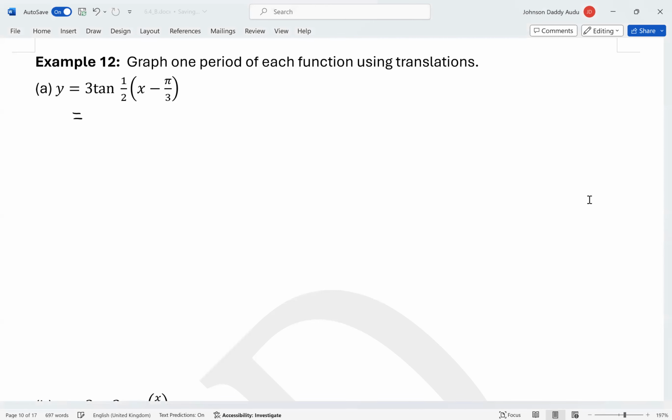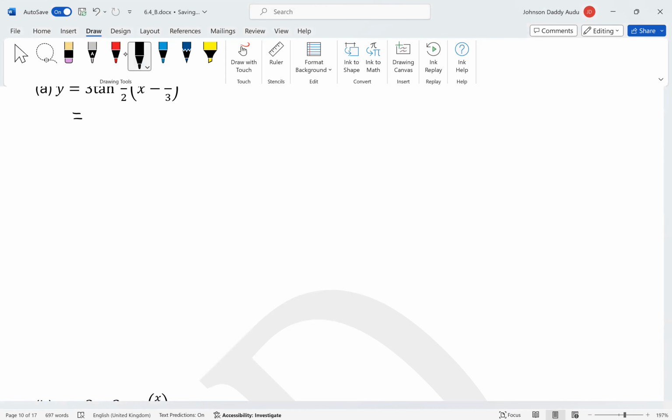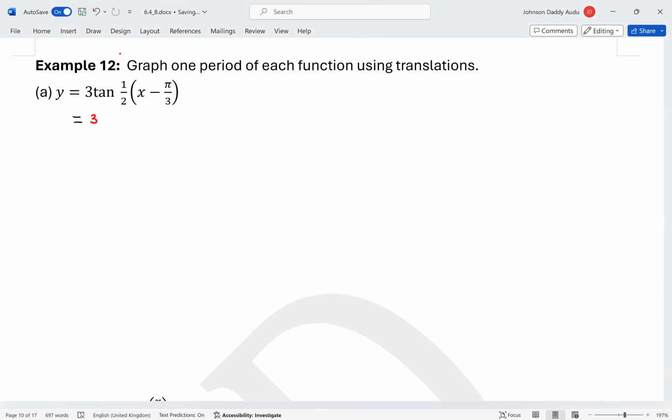This we can just rewrite. How can we rewrite this? We can rewrite this as 3 tan. We can take the half inside, so you have x minus 2, and this is pi over 6.